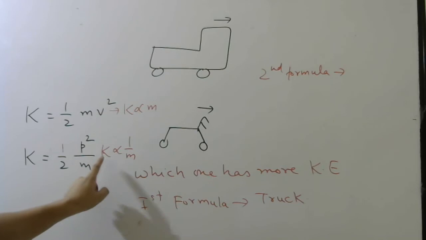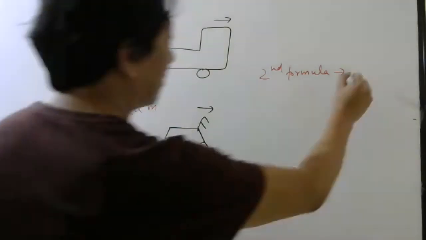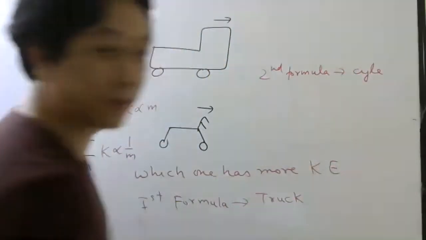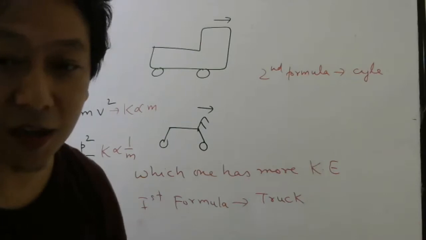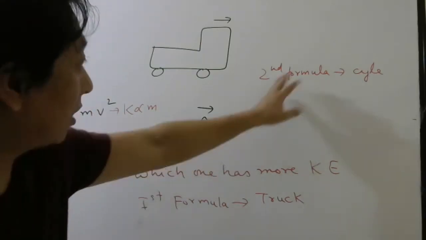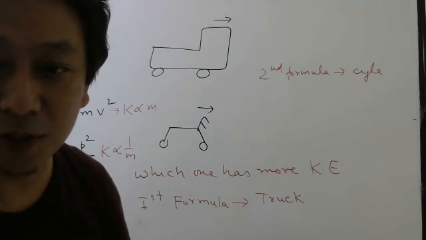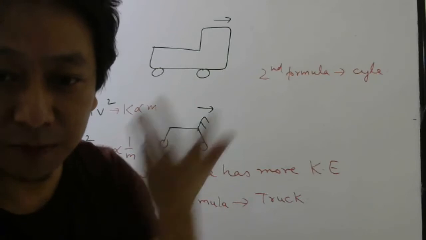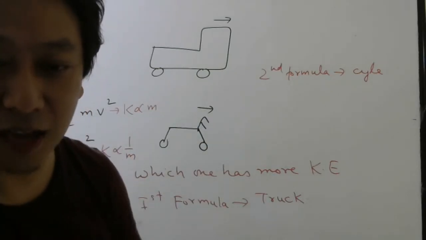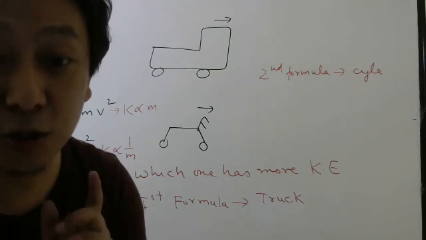So the cycle will have more kinetic energy. So the first formula is saying truck has more kinetic energy. The second formula is saying cycle has more kinetic energy. What nonsense is going on? How can both have more kinetic energy? Either I am taller or you are taller. It is not possible.